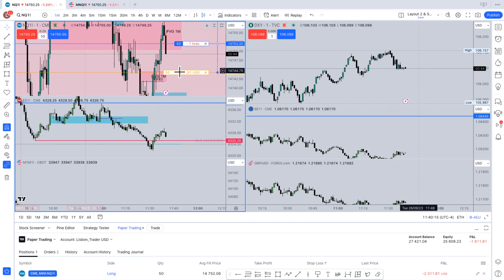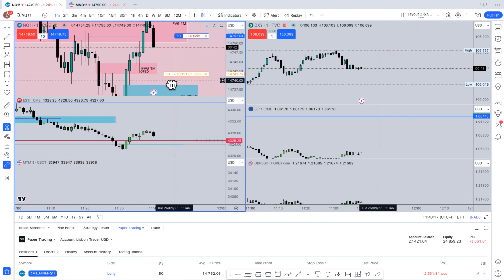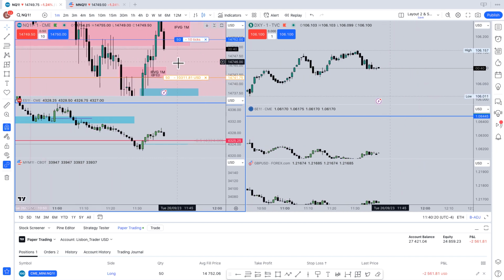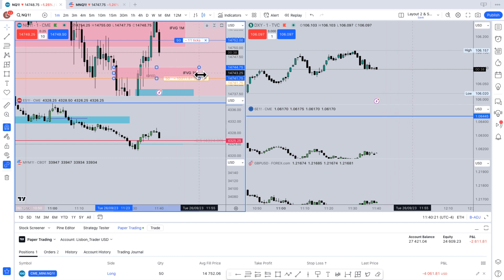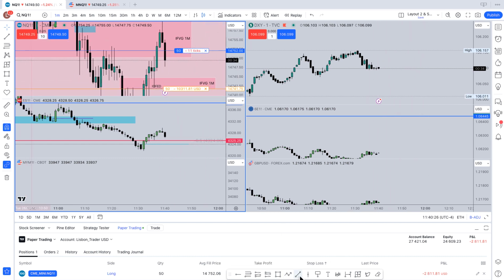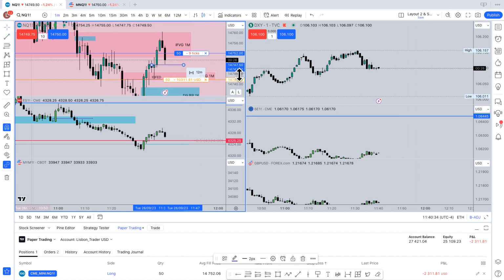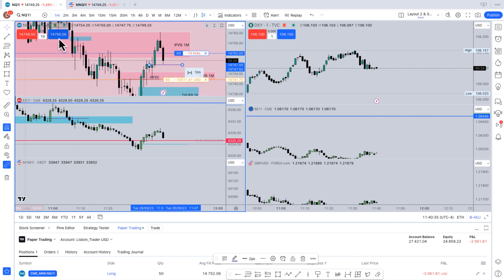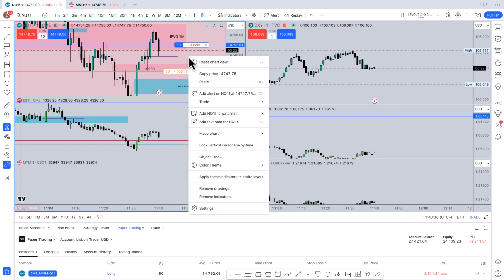Well, I feel secure to have my stop somewhere around here, below this inversion fair value gap. If he wants to treat it as such, we still have this order block there, just touch there. So, to buy something there.